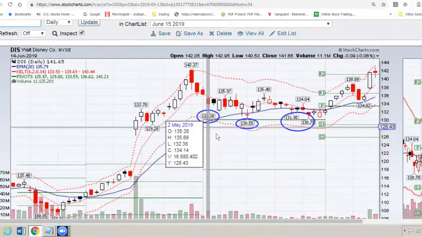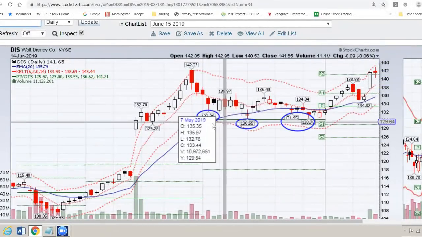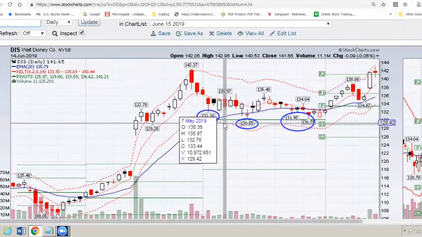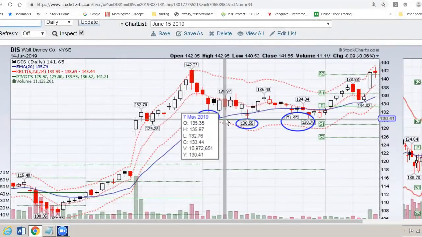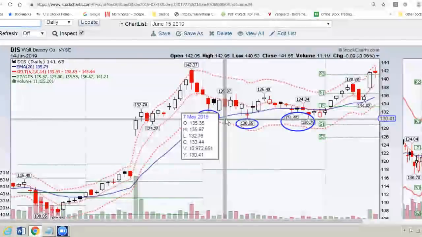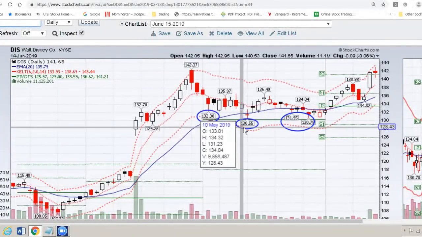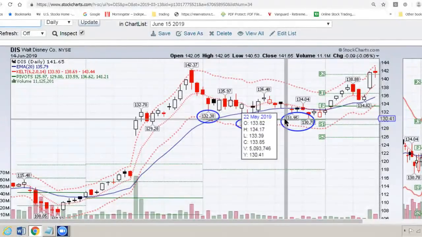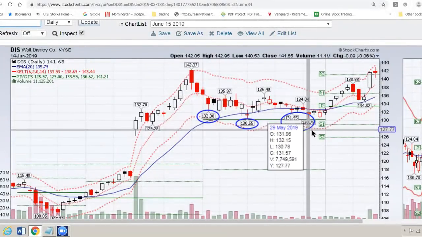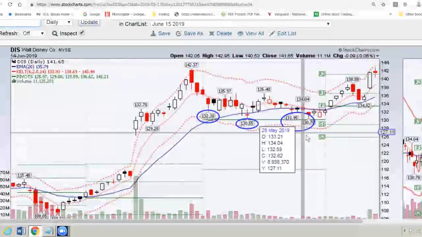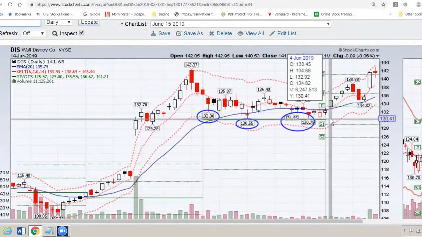You can see the pivot levels that you're watching here. The pivot in May was roughly 130. So we had 132.38, 130.55, 131.95, 130.78. All these areas I circled were right back into the pivot before we started to turn higher.